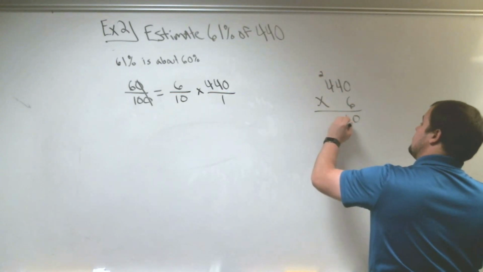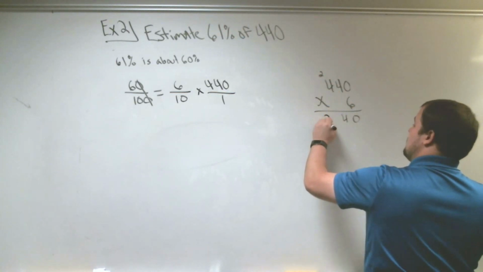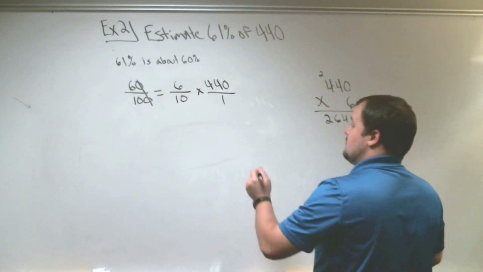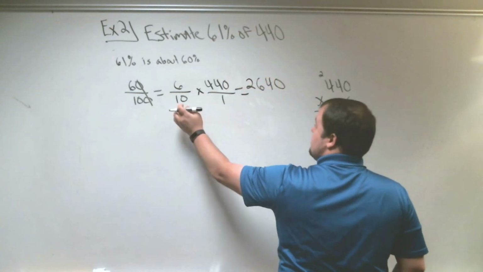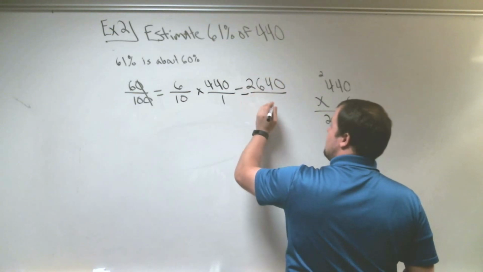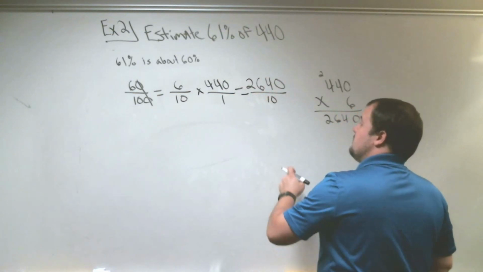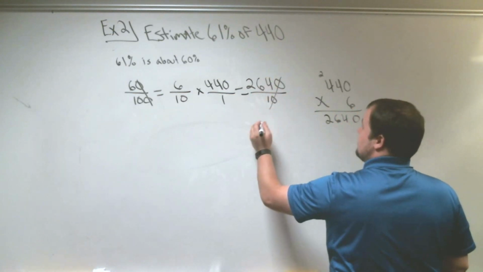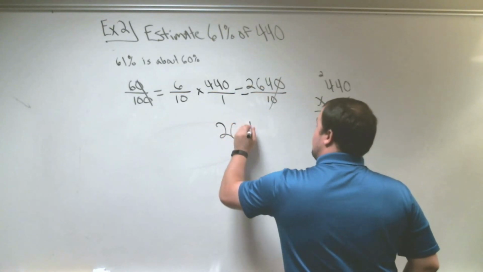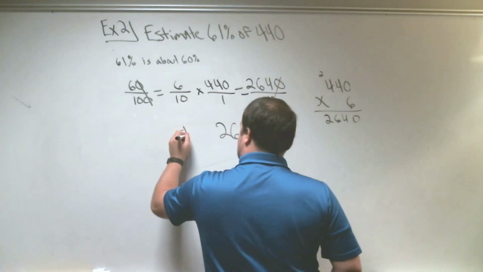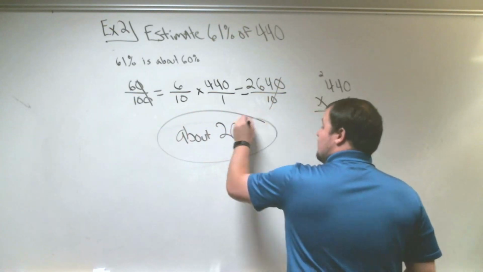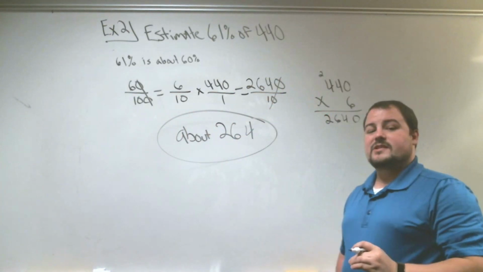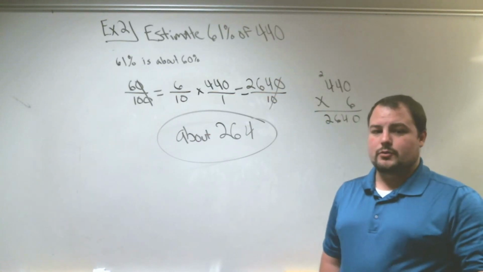Carry the 2, drop the 4. 24, 26. So I got 2,640. And 10 times 1, that's 10. Since I have 0 on top and 0 on bottom, cancel that out. We're looking at about 264. So 60% of 440 is about 264.